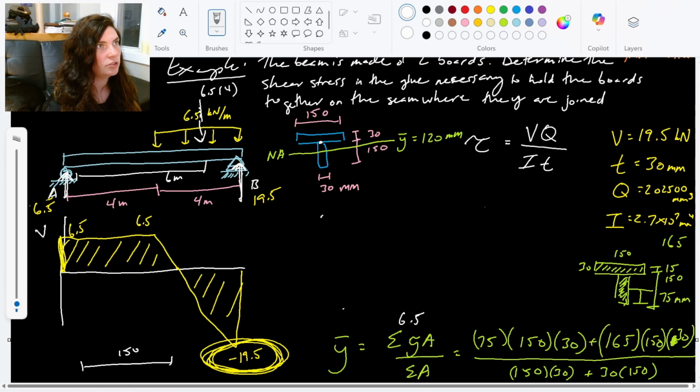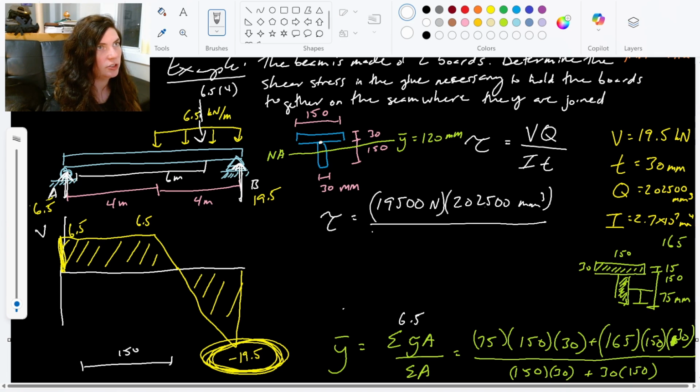Shear stress is V, 19500 newtons, times Q, 20.2500 millimeters cubed, over our moment of inertia, 2.7 times 10 to the seventh millimeters to the fourth, times the thickness there, which was 30 millimeters.